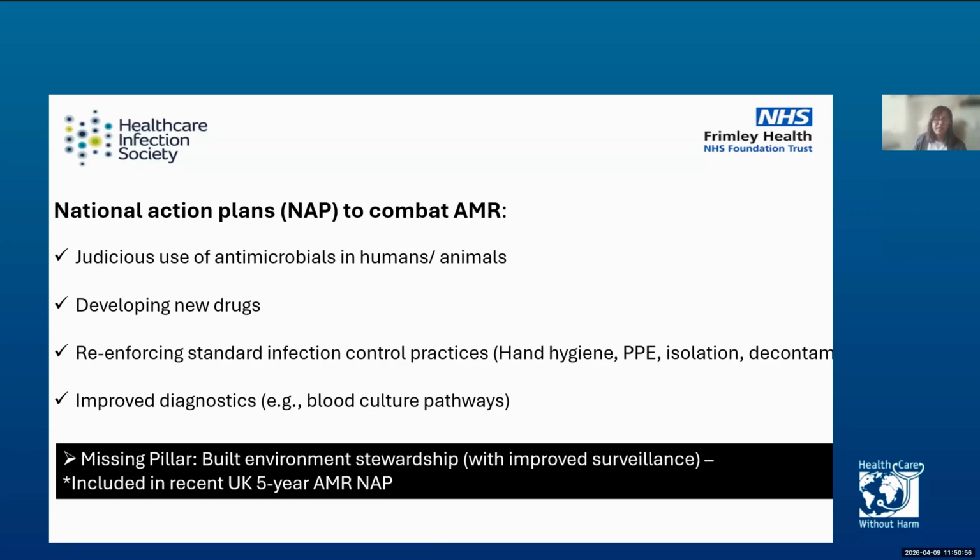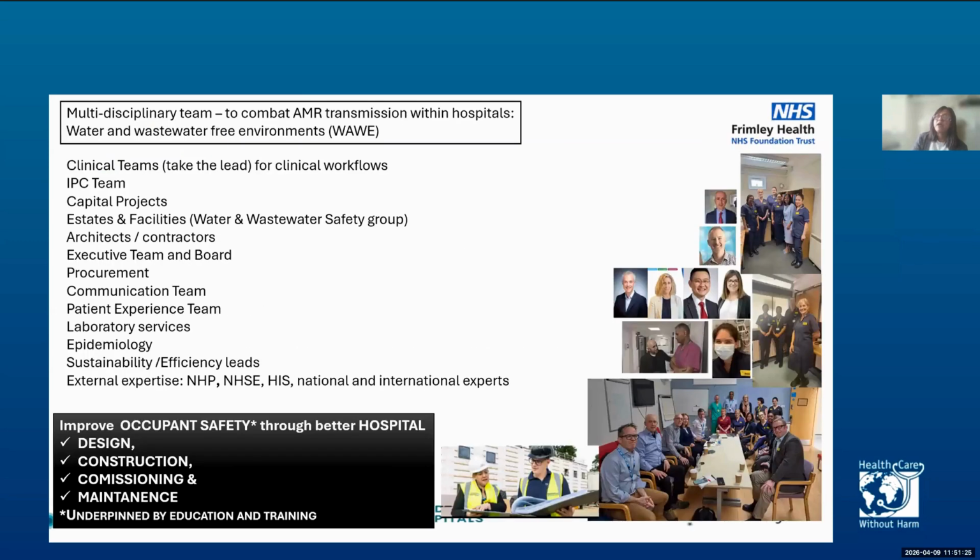But what has been missing so far, perhaps, is a focus on built environment stewardship, or how there are reservoirs within the hospital itself that can be designed out, coupled with improved surveillance, because our surveillance has been so poor so far that we have never tracked the transmission of these bugs from hospital wastewater systems to patients. And within the UK, this is now included in the National 5-Year Action Plan for AMR for the first time.